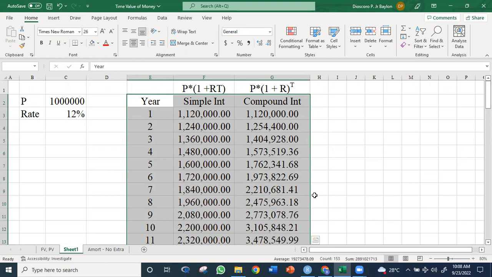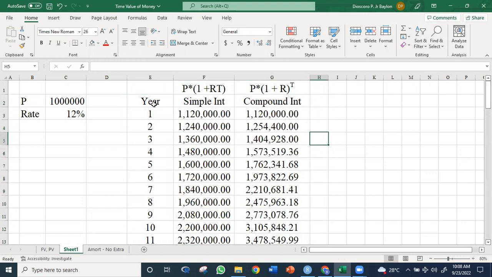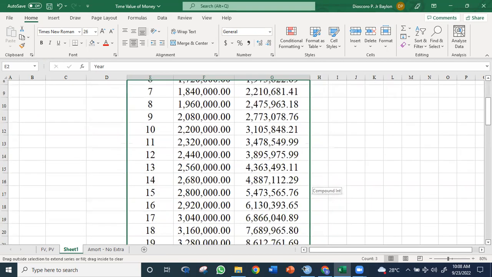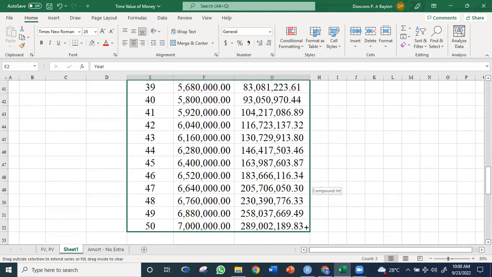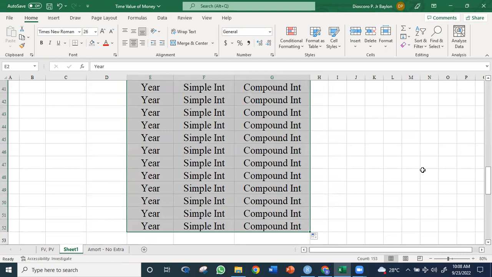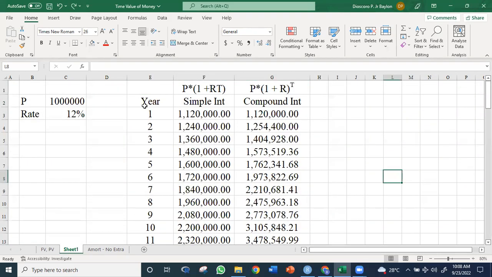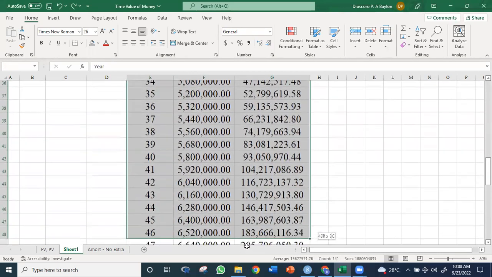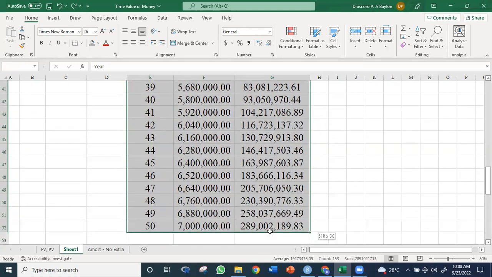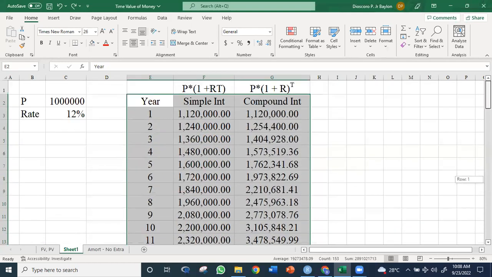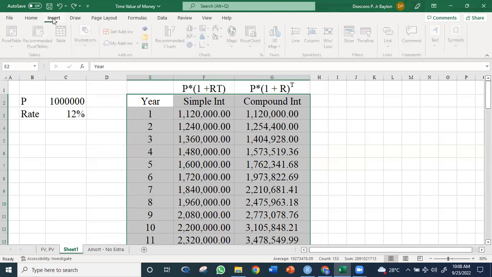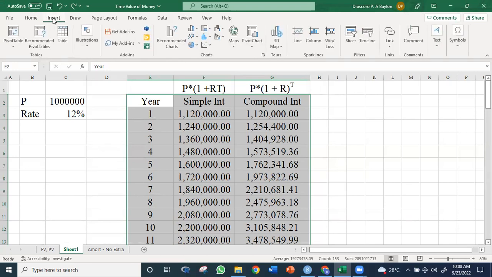Okay, so once you have highlighted it, or you can just highlight everything. So just highlight everything, and then we go to insert. Under insert you have the charts.